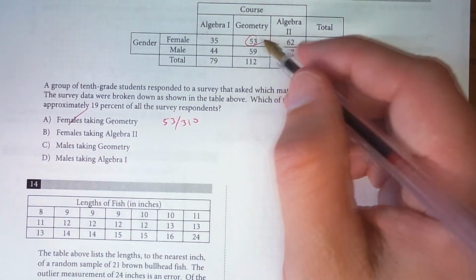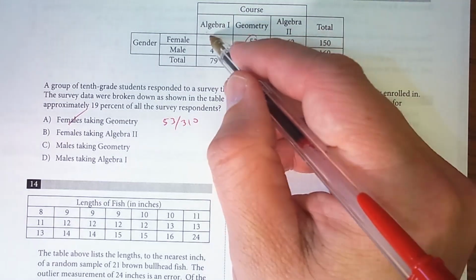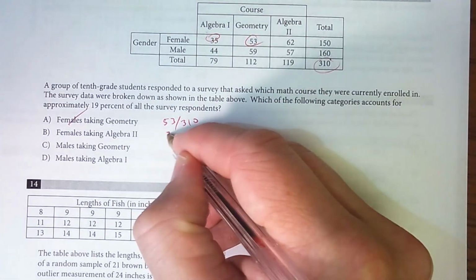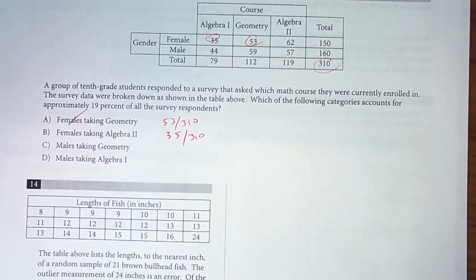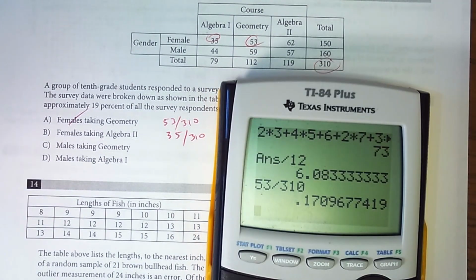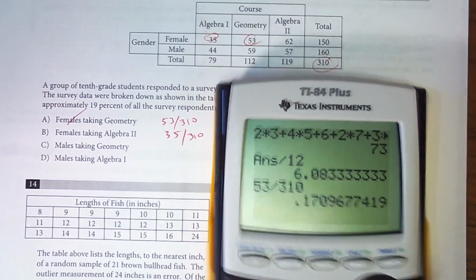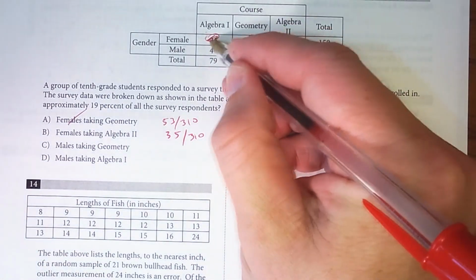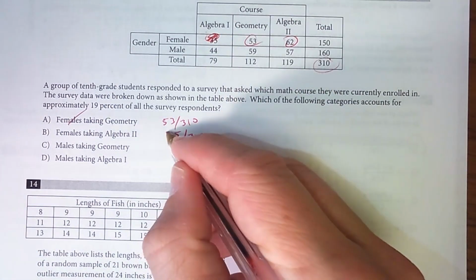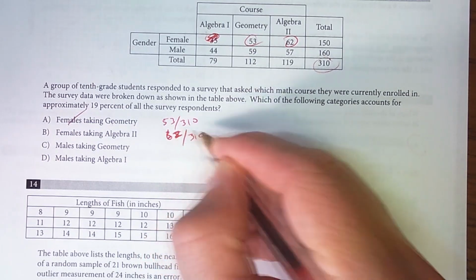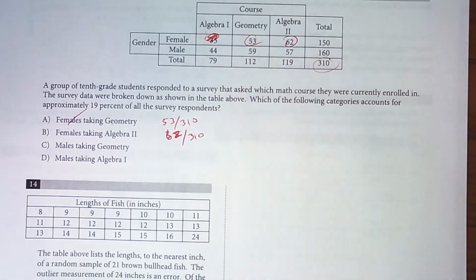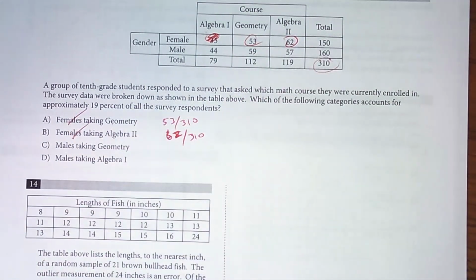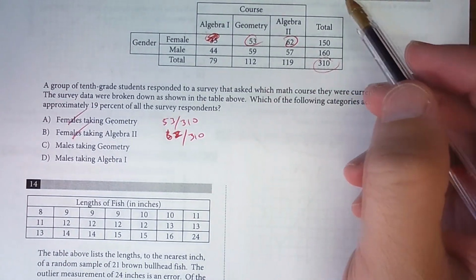Females taking Algebra 2: there are 35 out of the 310 respondents. Okay, you know what, I did the wrong one there. That's Algebra 1. Algebra 2 is 62 of the 310 respondents. 62 divided by 310 is 0.2, so that's 20%, not 19%.